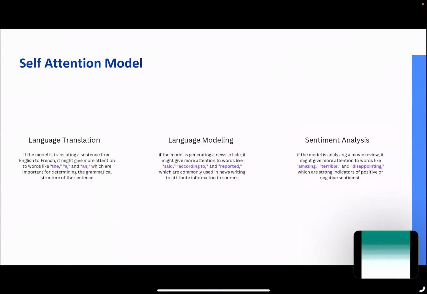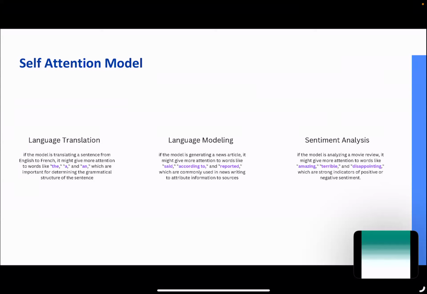Let's suppose, for example, we have different types of scenarios or problems like language translation, language modeling, and sentiment analysis. In language translation, we are translating sentences from one language to another.